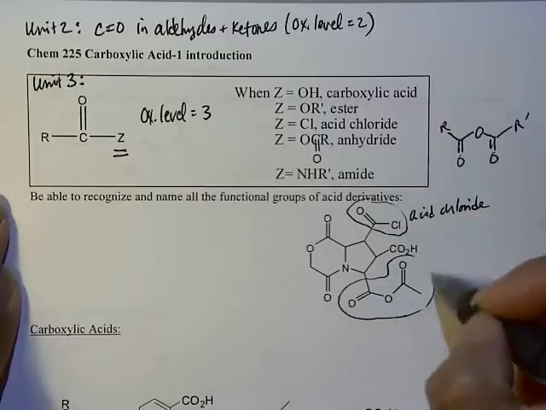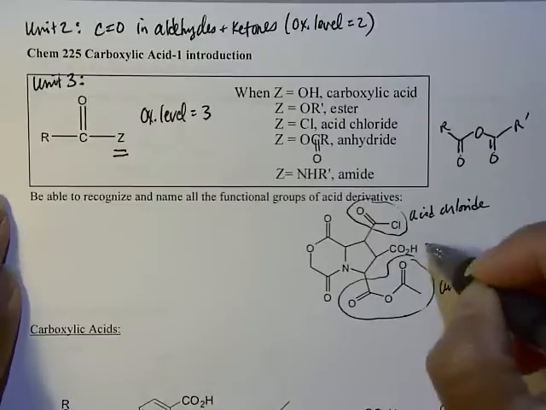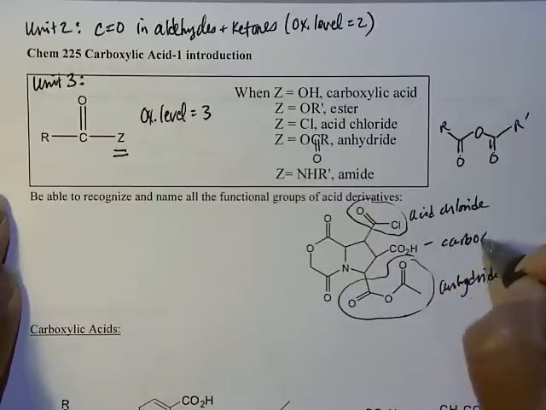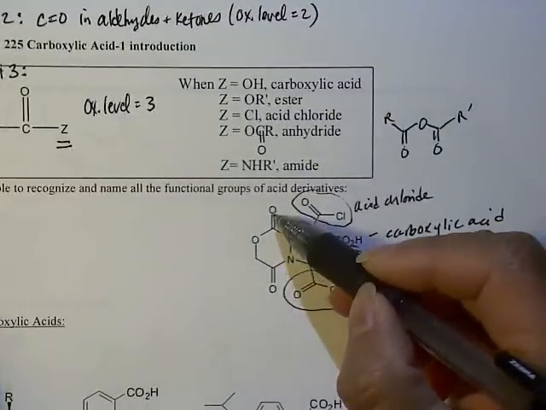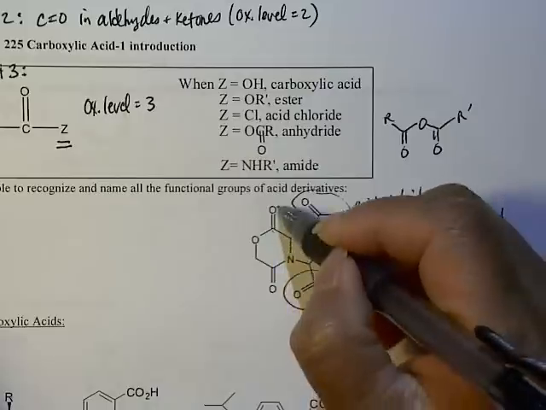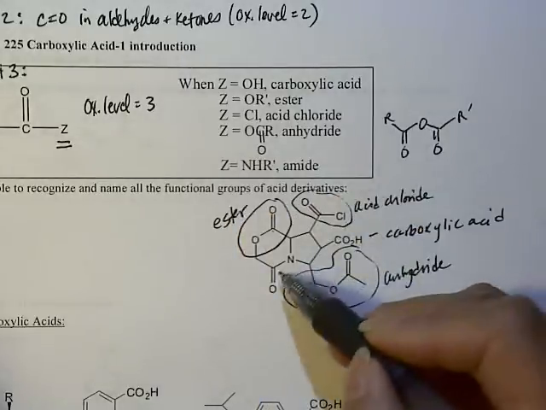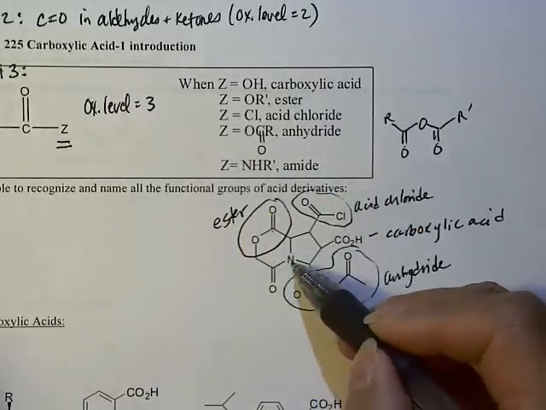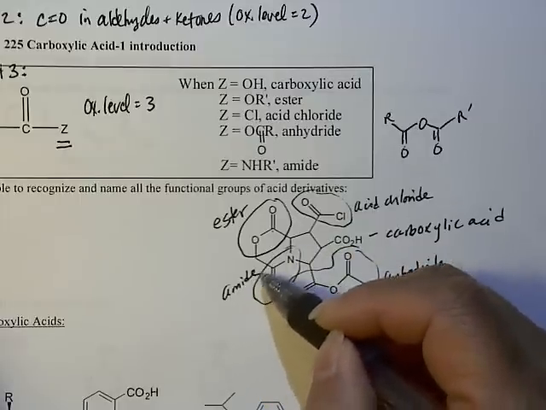Notice this is an anhydride. This is a carboxylic acid. And notice this has a C=O with an R group and an oxygen in a cyclic pattern, but this is still an ester. And then here you have a C=O with a nitrogen, and that is an amide.